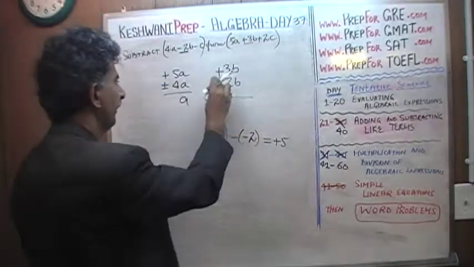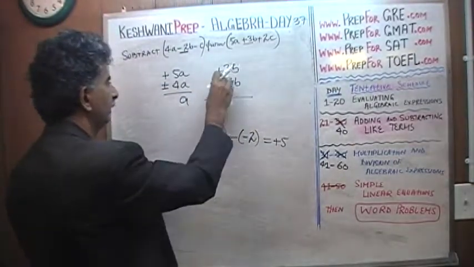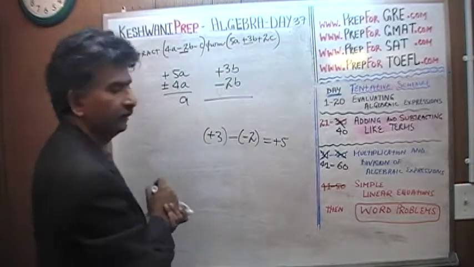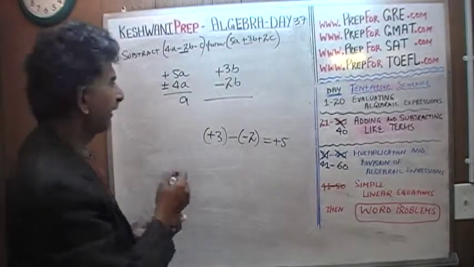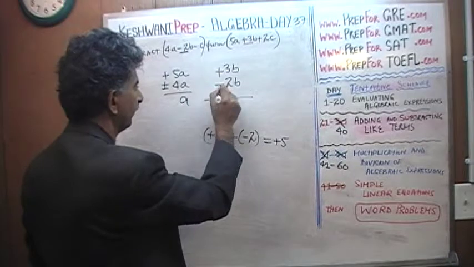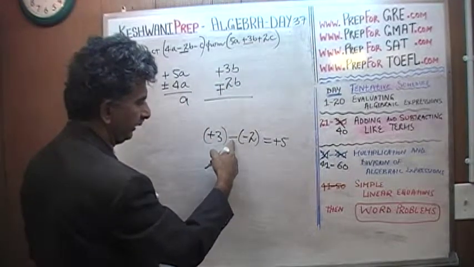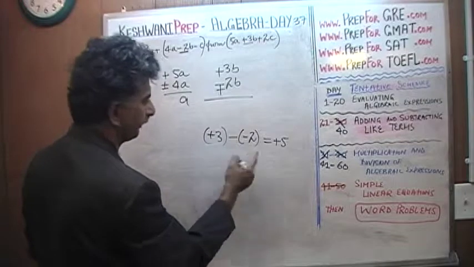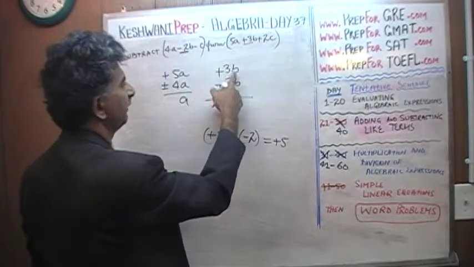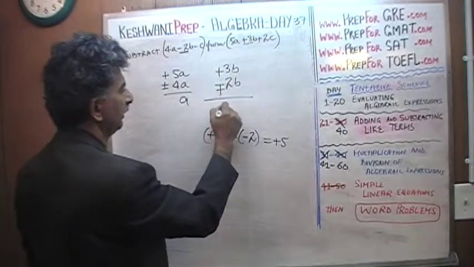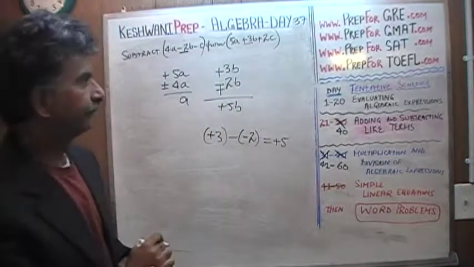No, don't get in the bad habit. We need to see what the original sign was, and because we're subtracting, that sign is going to change to positive. Just like here, the original sign was negative, but because we're subtracting, negative and negative becomes positive and we end up with positive 5. So here we have positive 3b, positive 2b, giving us a positive 5b.